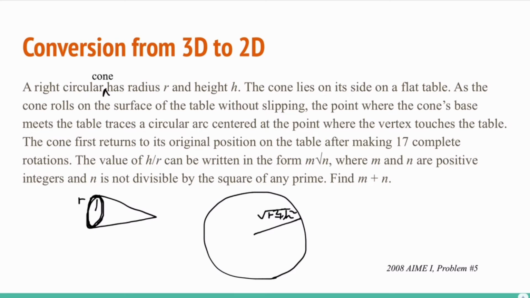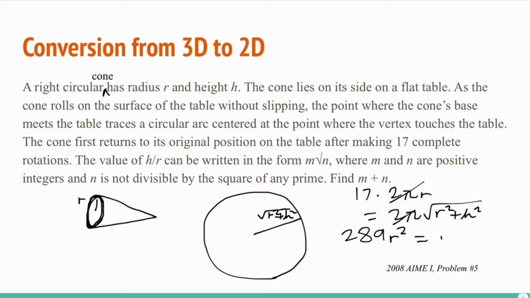And the radius of the small base is just r. And we know that 17 times 2 pi r is equal to 2 pi square root of r squared plus h squared, because the small circle also traces out the exact same path. So, canceling the 2 pi's and squaring, we get that 289 r squared is equal to r squared plus h squared, and 288 r squared is equal to h squared.